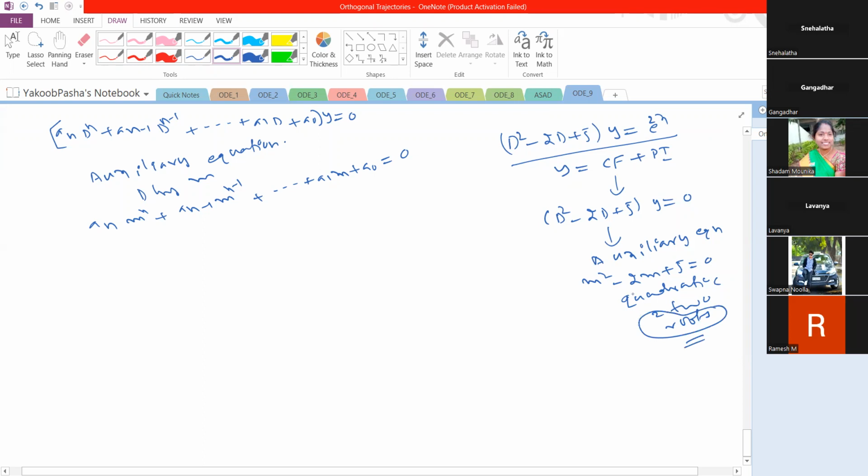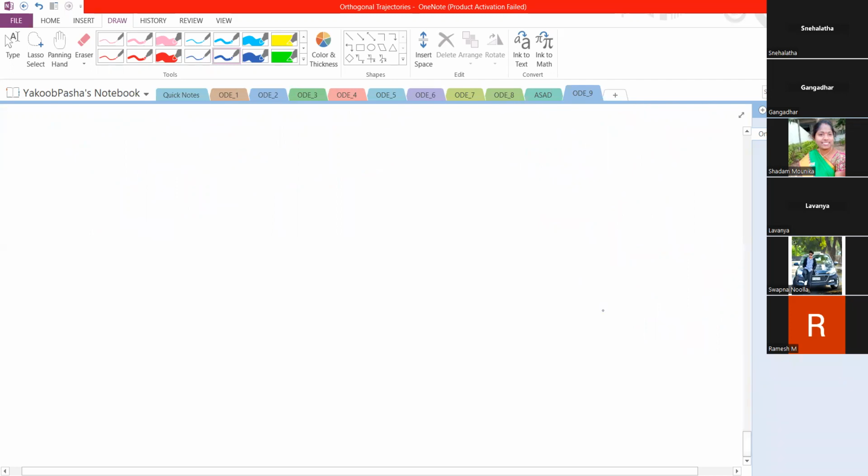First, I am giving some natures of the roots and the corresponding complementary function. First of all, I am taking only one real root, say m1.